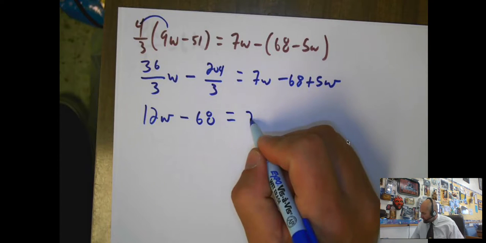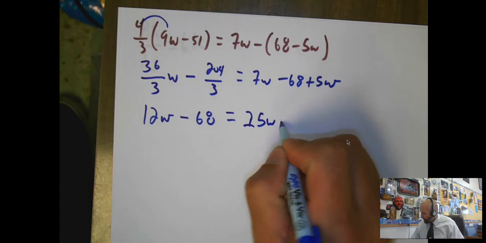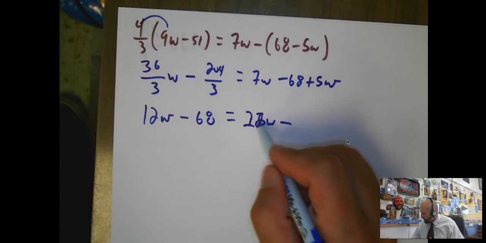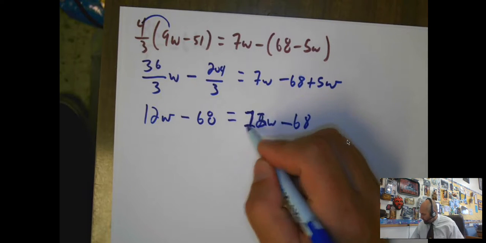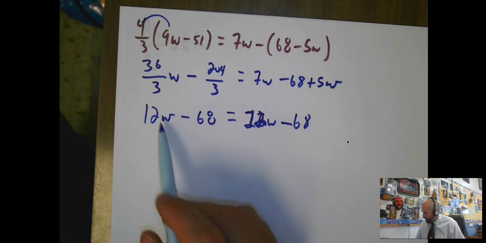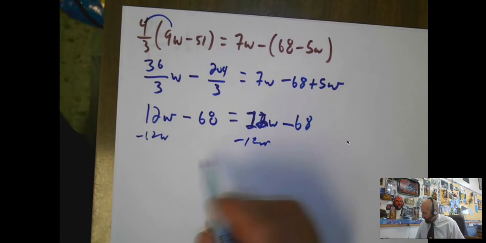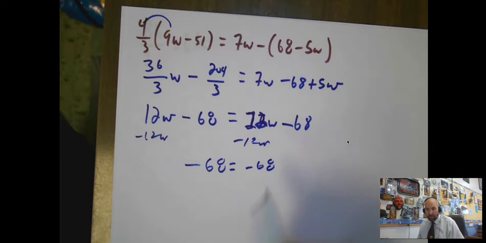Equals 12w minus 68. Okay, you should notice something's going on, but if I subtract 12w, I get negative 68 equals negative 68.